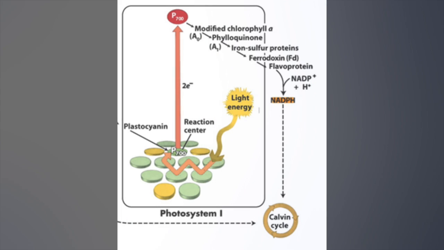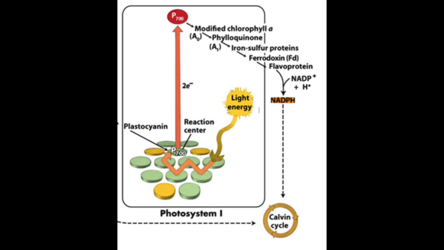Excited electrons from photosystem 1 could flow down a different electron transport chain to produce NADPH, which is used to synthesize carbohydrates. This is a non-cyclic pathway in which P700 is reduced by an excited electron from photosystem 2.